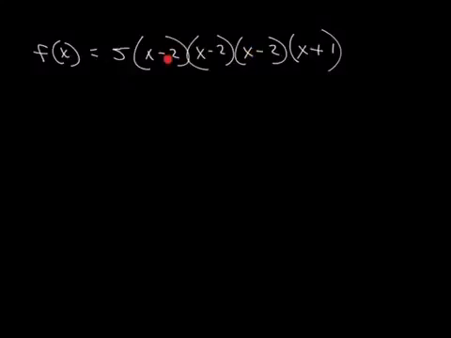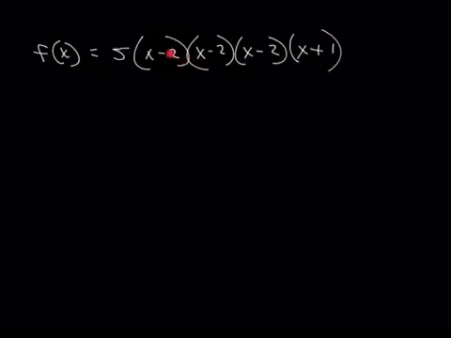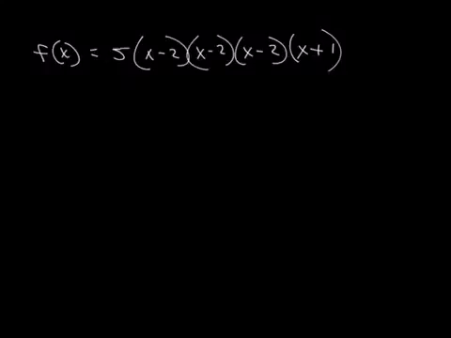What's going to make this one 0 is 2, 2, and 2. So even though we get 3 answers, they get crunched together and basically are just one answer, and we'll get into what that is in a minute. And we can write this then as 5 times x minus 2, the quantity cubed, times x plus 1.